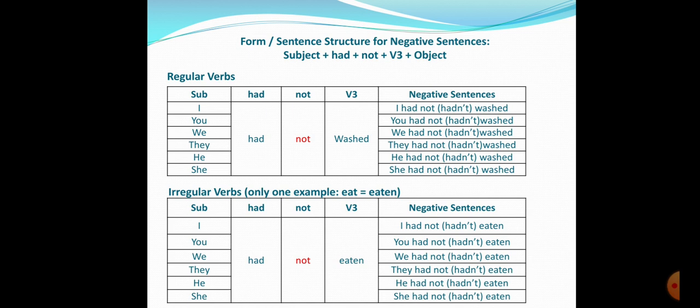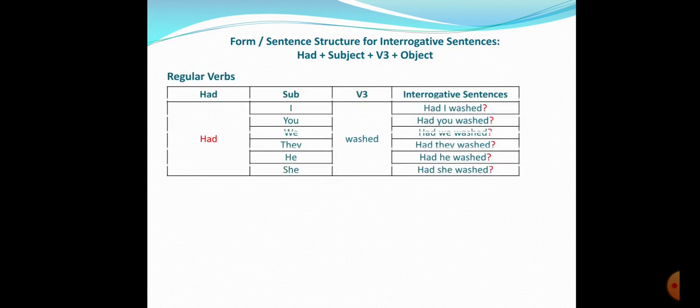So, let's look at forming the interrogative sentences. Interrogative, you know that we take had in the beginning with a capital H plus subject plus V3 form of the word plus object. So you get, for regular verbs, had in the beginning, you can see I have highlighted. And the subject will be the same as positive and negative. Any of the subjects, then you use washed.